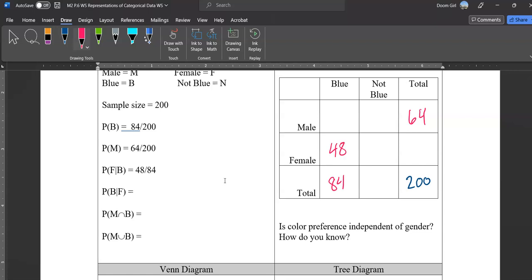We're going to do some quick subtraction to fill in the rest of the table, or you can do some quick mental math, whichever works better for you. I'm going to use my calculator so that I don't make any mistakes. So we get 36 up here, 28 in this box right here, 116, and that one we get 136 here.